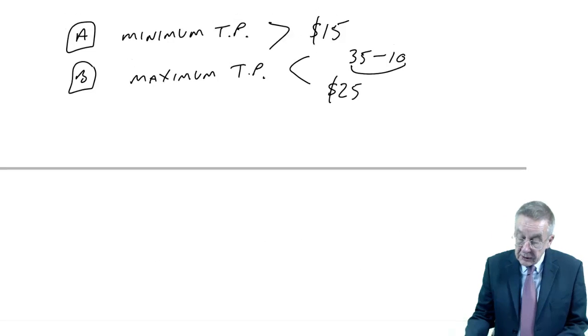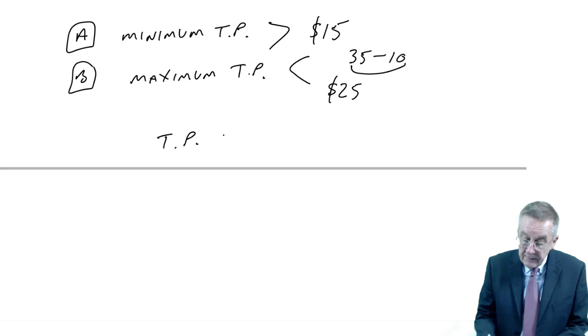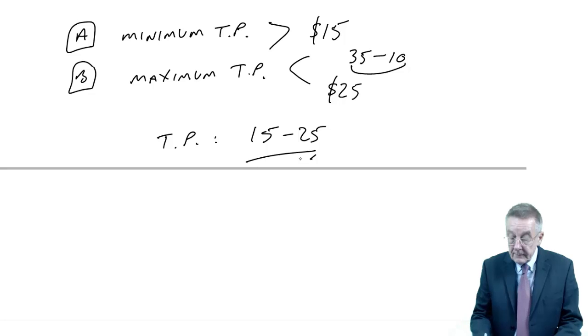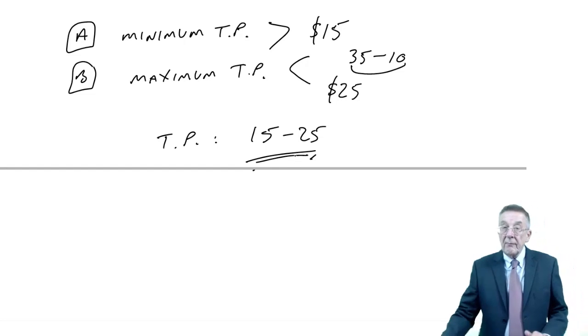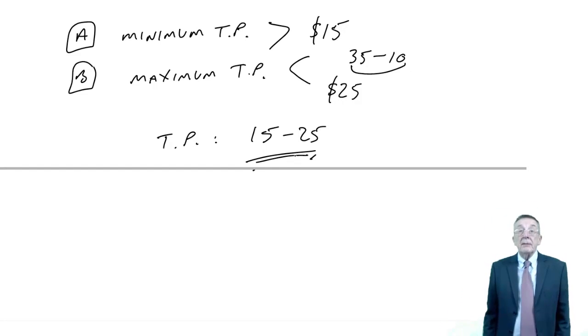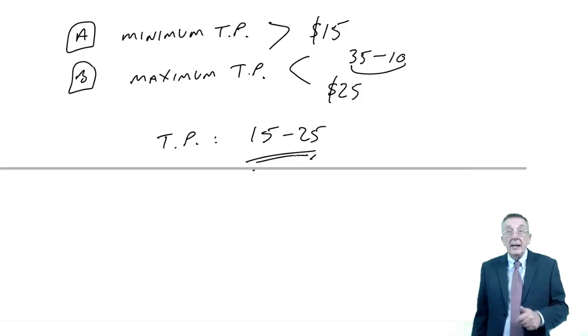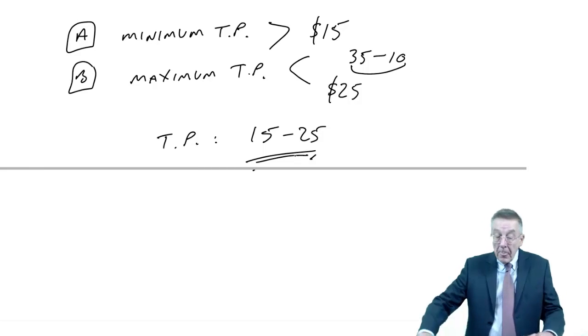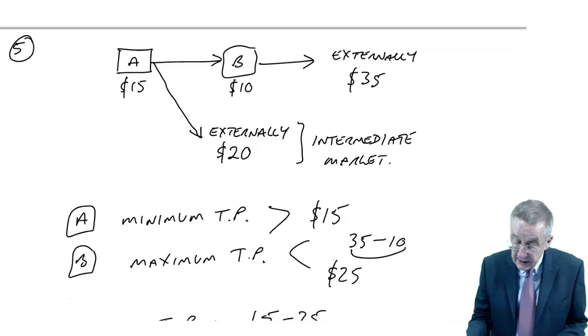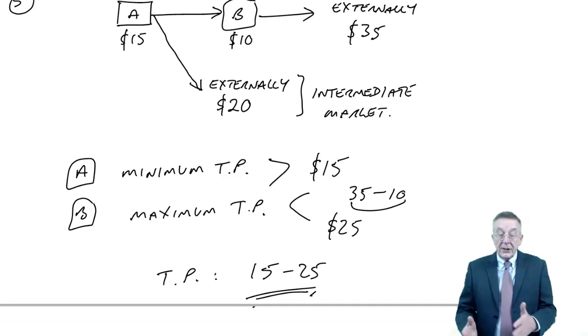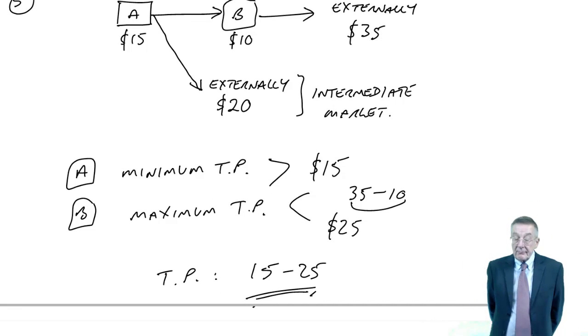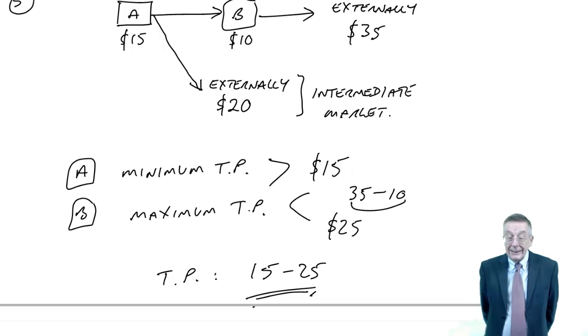And so a sensible transfer price must be in the range 15 to 25. And as long as it is, A is motivated to sell to B, B is motivated to buy from A. And it turns out here, because of the wording, that the external 20 business is irrelevant.